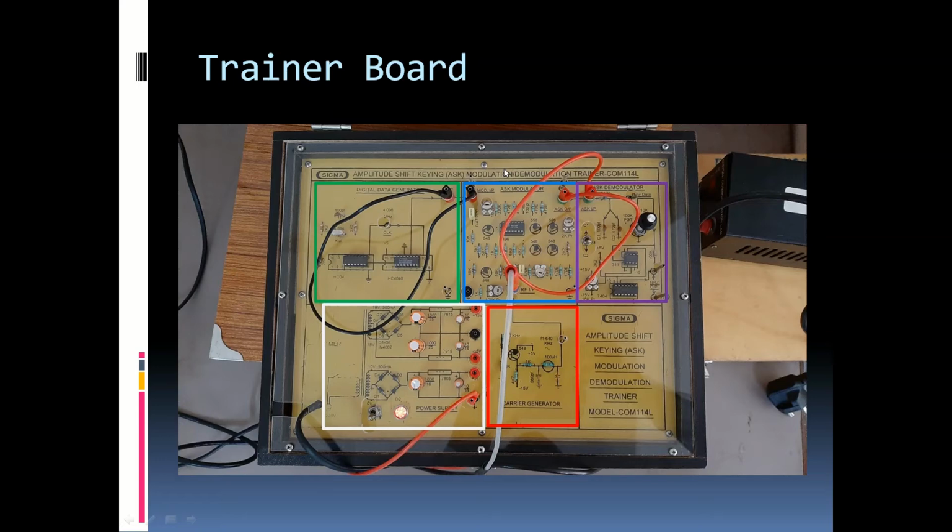We can use one of them at a time by using this selectable switch. And all the ICs and components on this board are powered by this power supply section.